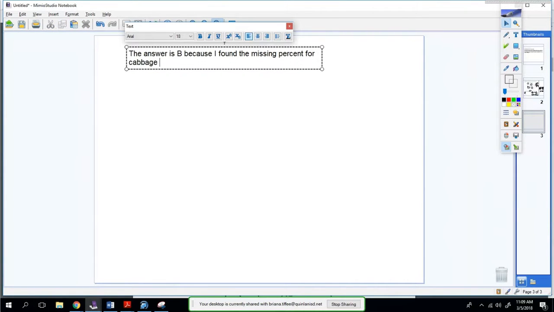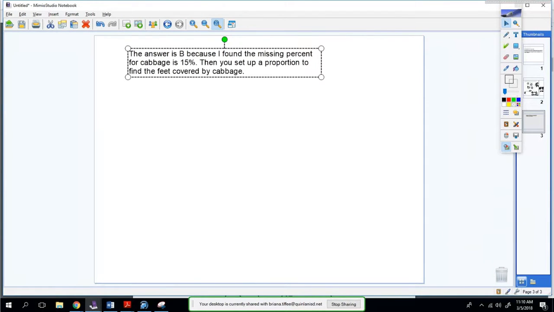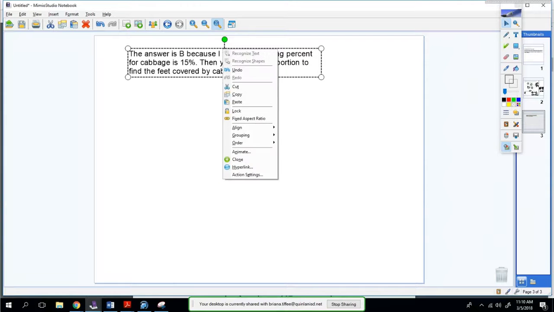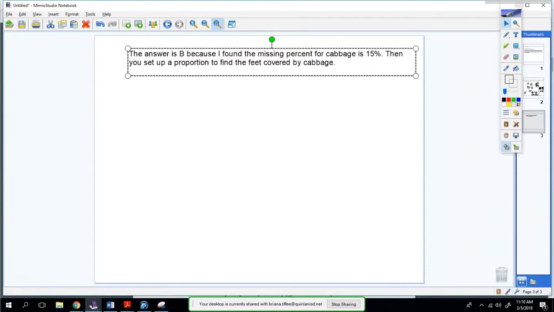Cabbage is 15%. Then you set up a proportion to find the feet covered by cabbage. So you see how I wrote the steps in a complete sentence. This is what I did to solve it. So this is how you're going to write your sentence.